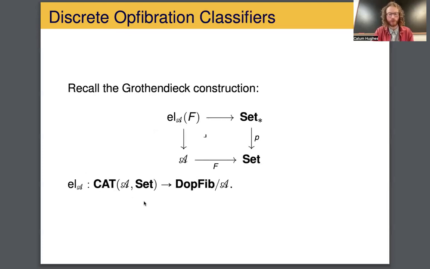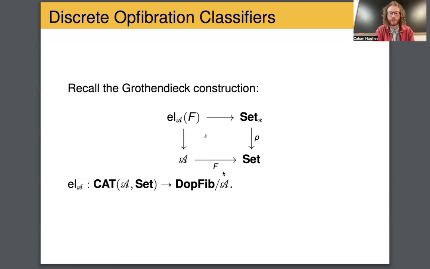I also want to recall the Grothendieck construction. The Grothendieck construction normally takes a presheaf, but we're going to ignore the ops here. So it takes a functor F from A to Set and constructs a category of elements of F, which we're denoting L_A of F. One way to see how this works is to take the forgetful functor P, which takes pointed sets, so sets with a choice of element, and forgets that choice of element.